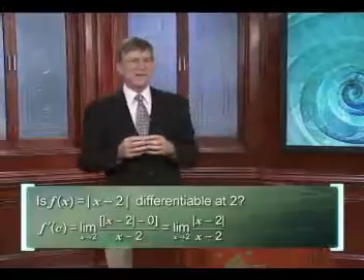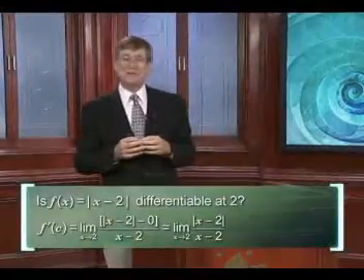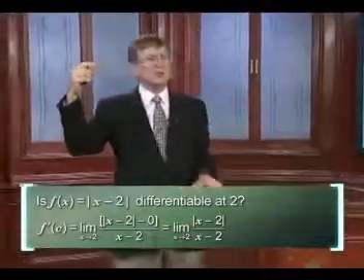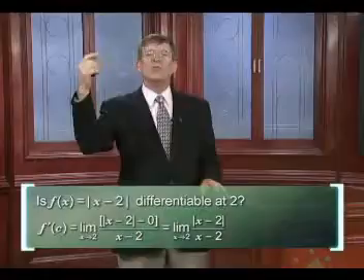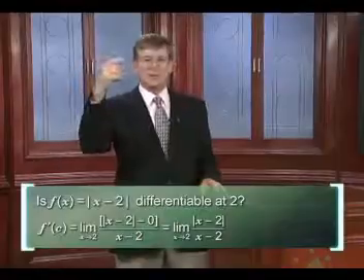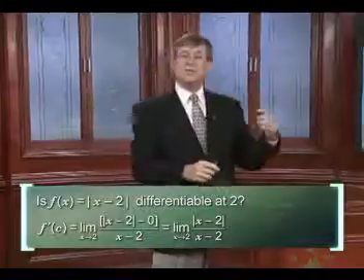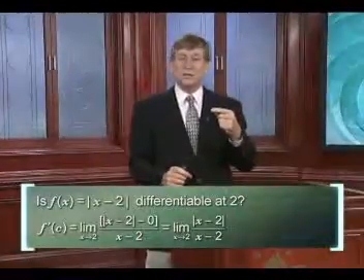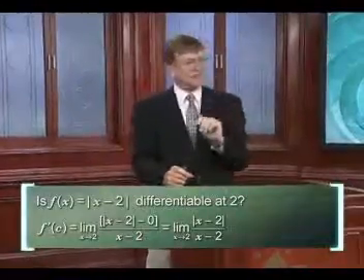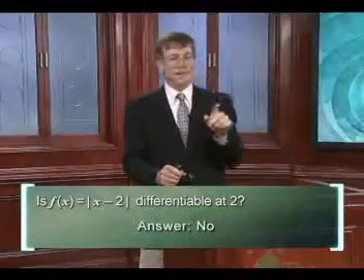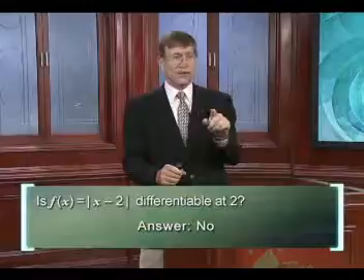Do you recognize that as a diving board function? I hope so. As we approach 2 from the right, the function wants to be 1 because the numerator is positive there and it's equal to the denominator. But as I approach from the left, it's minus 1. So that limit does not exist. So it does not have a derivative at 2.